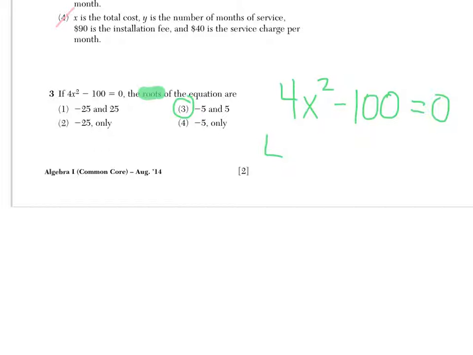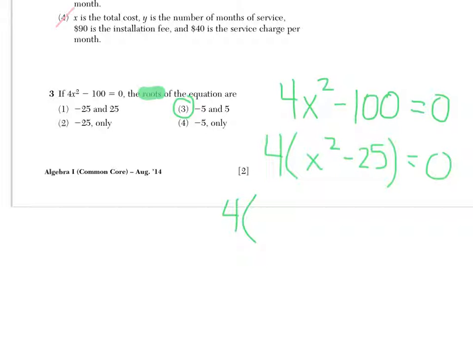It looks like I can factor out a GCF first, which is nice. That's 4, and I'm left with x squared minus 25. Then I'm going to double check to see if I can factor again. And indeed I can. That's a difference of two perfect squares.